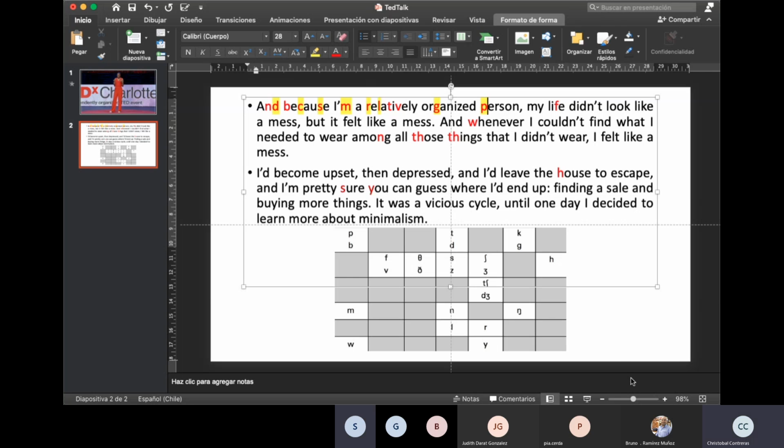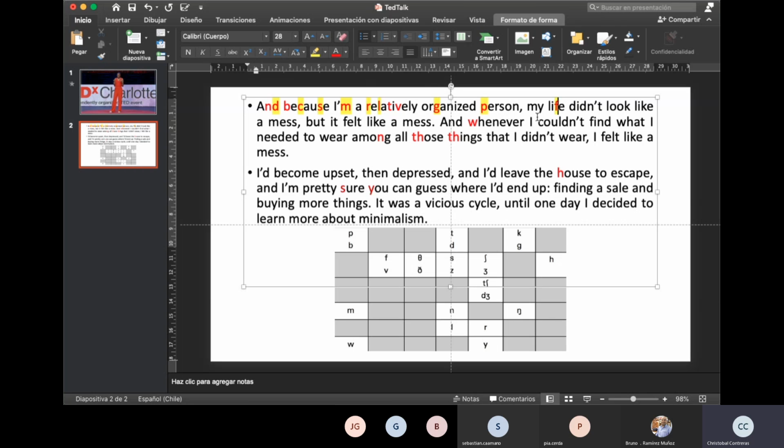P. It's voiceless, bilabial, and plosive. That's correct. The next sound we have here is in "life," and this is F, which is fricative, voiceless, and labiodental sound.